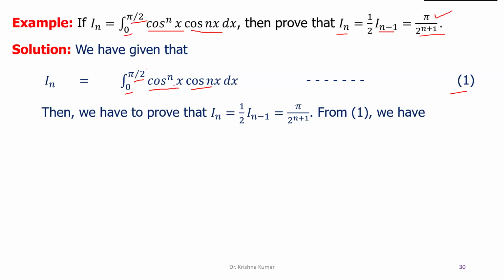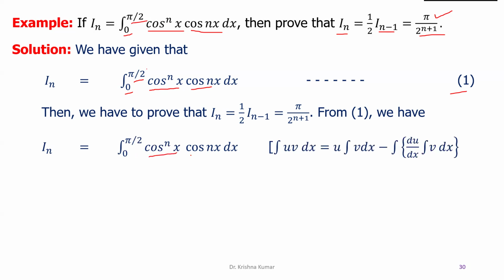Now from equation number 1, we have I_n is equal to the integration of cos^n x cos nx dx under the limit 0 to pi by 2.